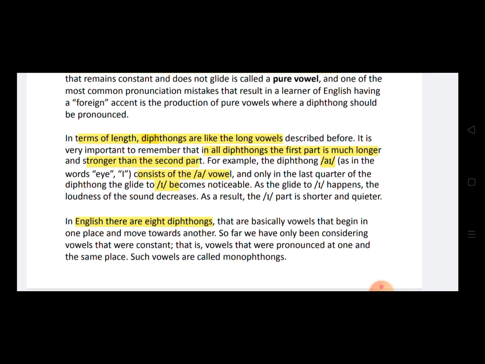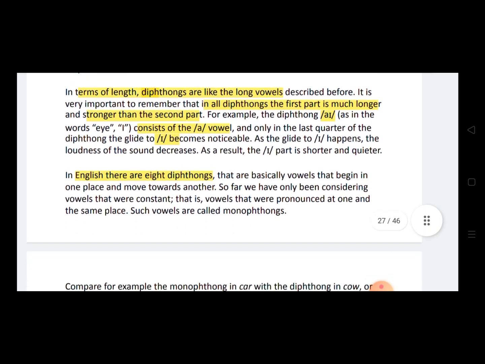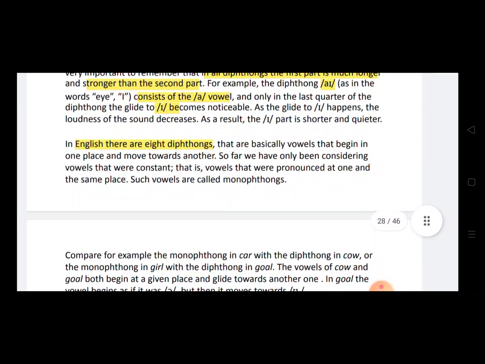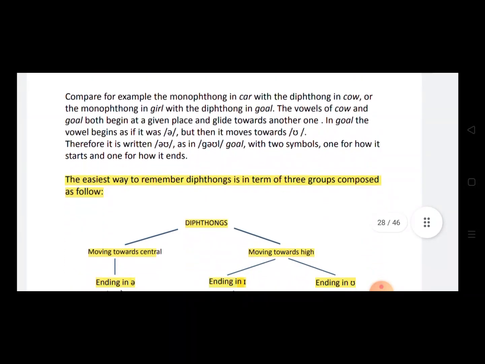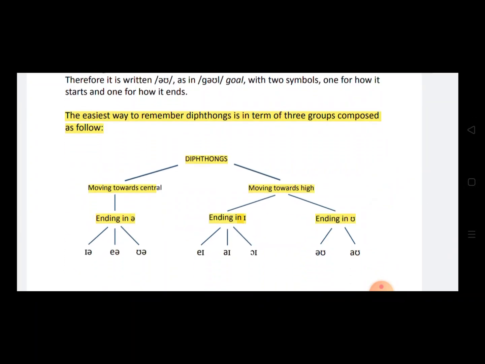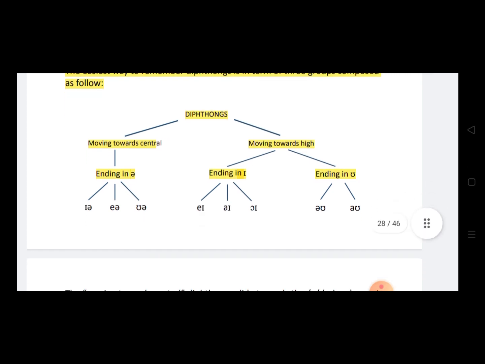The first part is long and strong, whereas the second part is short. And in English there are 8 diphthongs. Now we'll see the types of diphthongs. Basically we'll categorize them on the basis of some qualities.